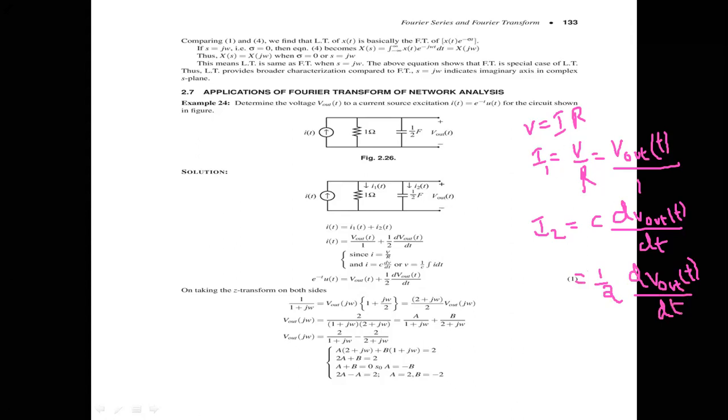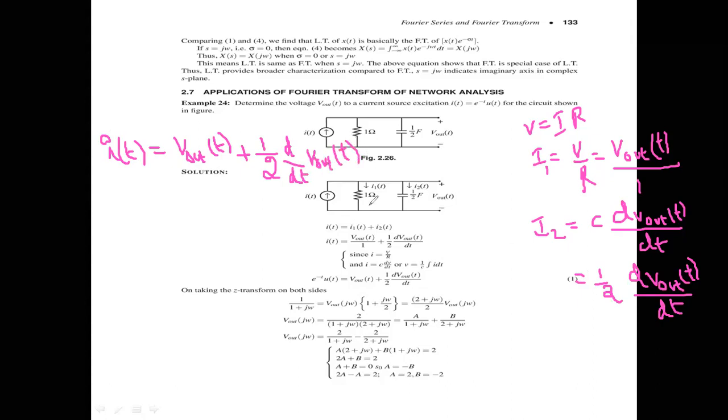My dear students, these are the two currents, and I of t is given. I of t is equal to V out of t by 1 plus 1 by 2 into d by dt of V out of t.